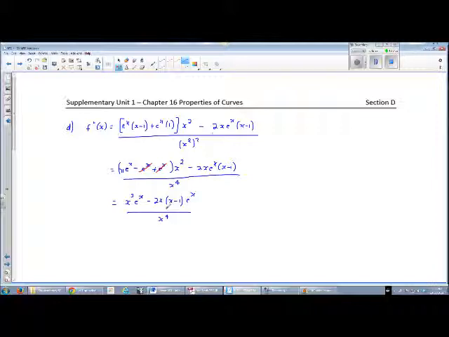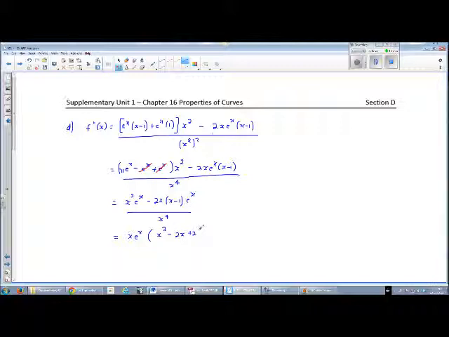And I'll continue simplifying this a little bit. And so I'll factor out an x e to the x. And then I'll have x squared minus 2x plus 2 all over x to the power 4.